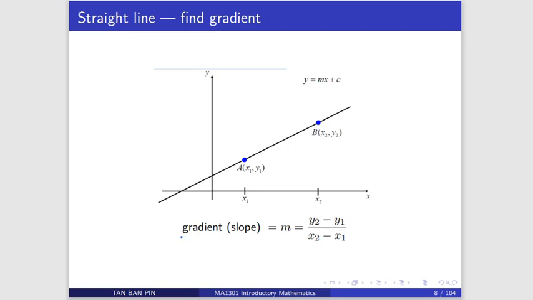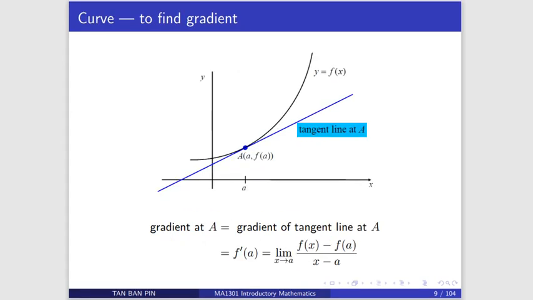If you want to find the gradient of a line, you take 2 points, like A is (x1, y1) and B is (x2, y2). To find the gradient m of the line AB, you take y2 minus y1 over x2 minus x1, and you will get the gradient of the straight line.